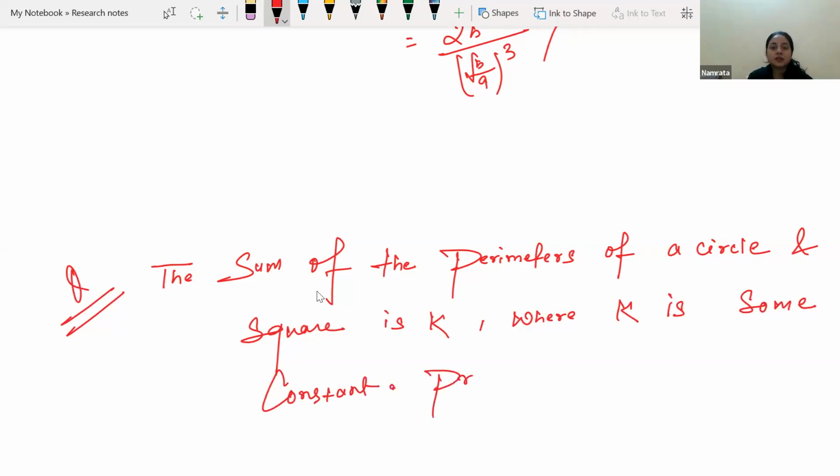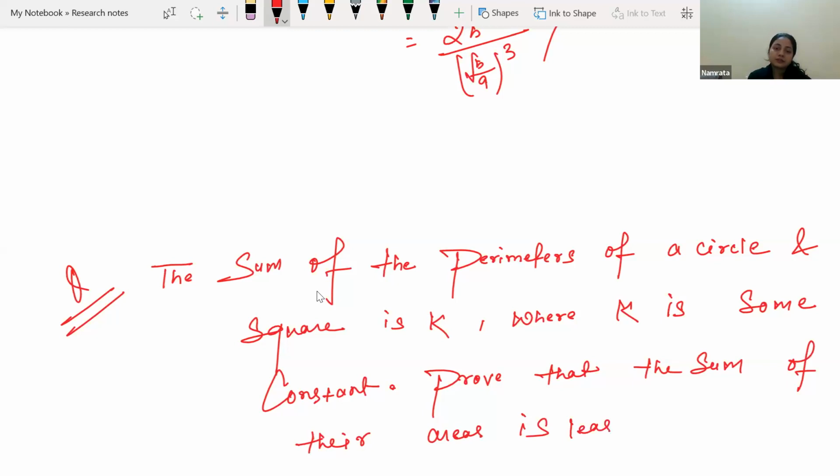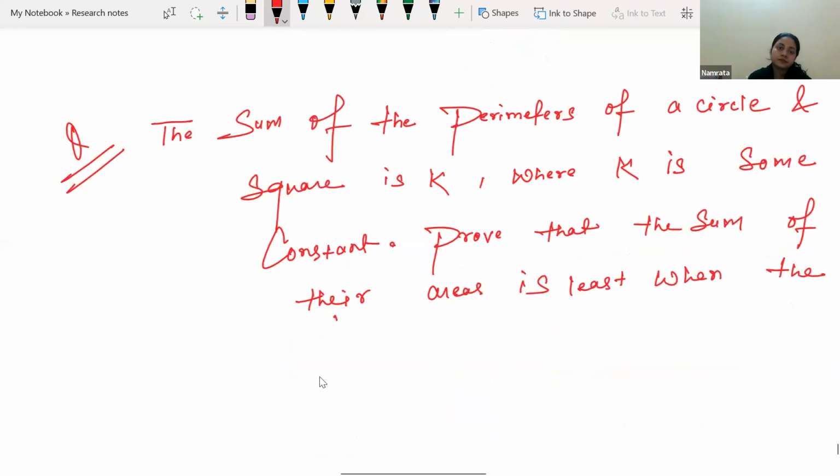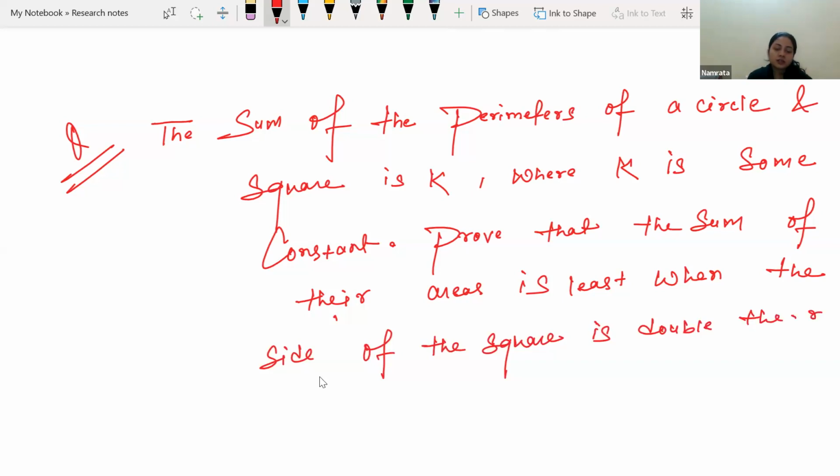Prove that the sum of their areas is least when the side of the square is double the radius of the circle.